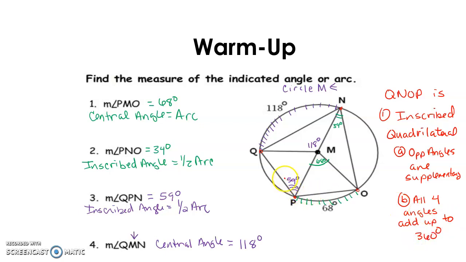In other words, the entire angle P, the entire angle Q, the entire angle N, and the entire angle O would all add up to 360 degrees.